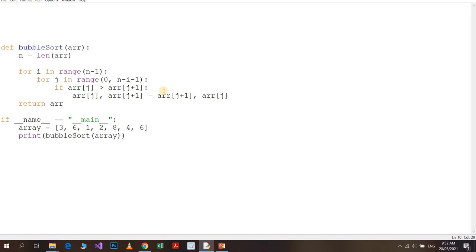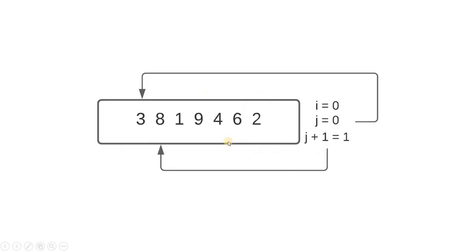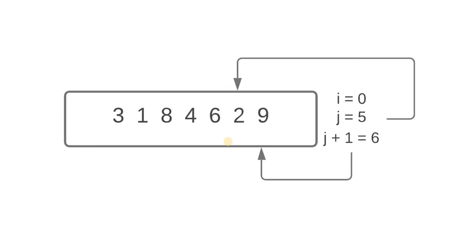So as the number of passes increases, we basically decrease the range of j, to ensure that it doesn't go over there. Let me quickly show you this in the slides over here. Just pay close attention to the end of the array. This is the end of the first pass.